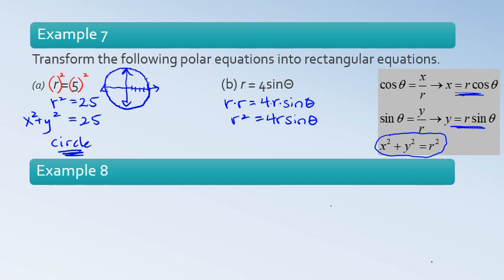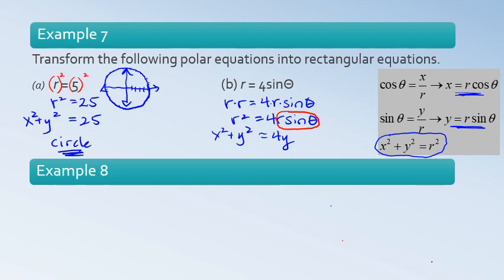So let's see, r squared we know is x to the second plus y to the second. And we know that r sine of theta is y. So that whole thing can become a y. And so I get equals 4y. Now, like I've said, instructions in your homework may be to simplify this more or to write it in a different form.